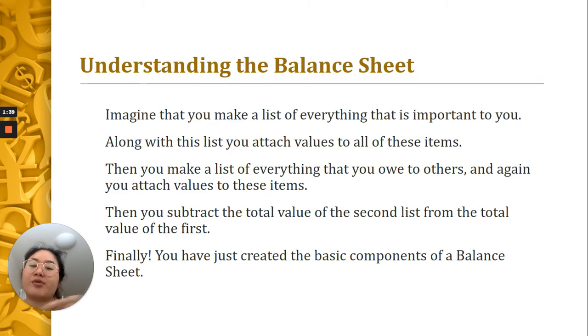Then you subtract the total value of the second list from the total value of the first. Finally, you have created the basis of the components of the balance sheet.